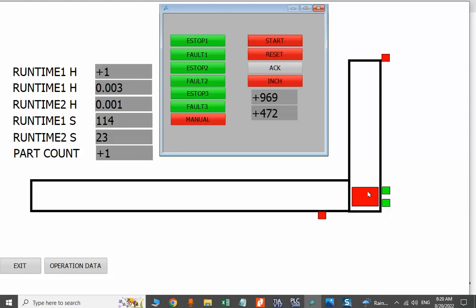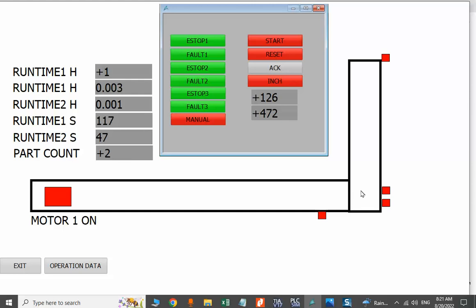When we reach here, at the pusher, we wait for 5 seconds, and then the pusher will push the bag out of this area, and motor 2 will receive it and move the bag out of this area on this conveyor, and the part counter will be incremented here.